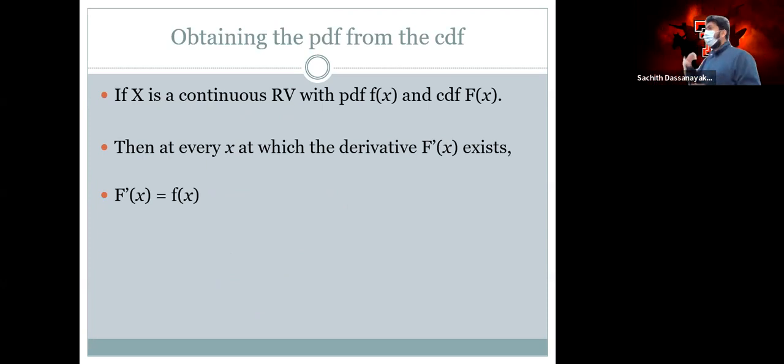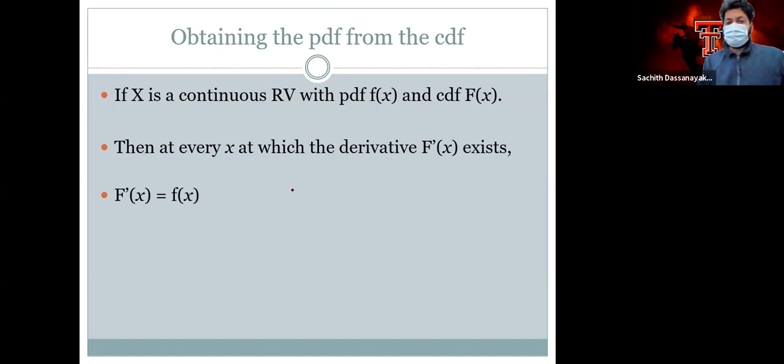Okay. If you have a CDF, a cumulative distribution function, how do we find the PDF? Easy. How did you find the CDF from the PDF? You simply integrate it, right? Clear?